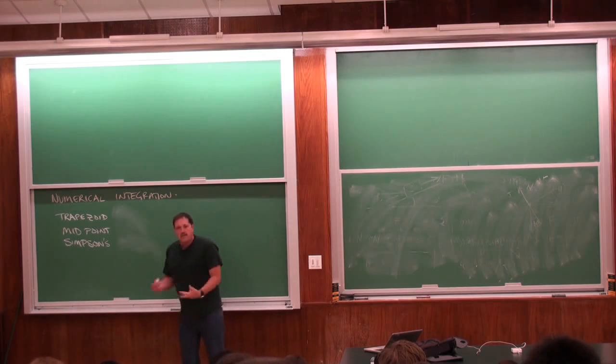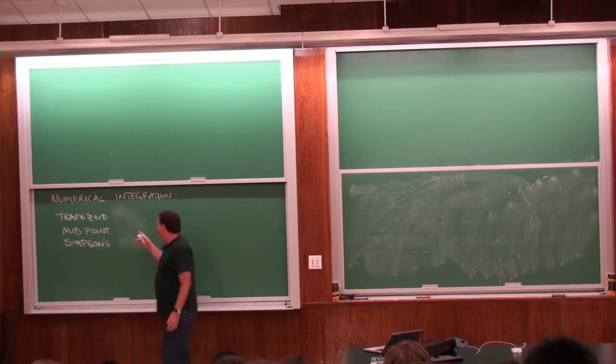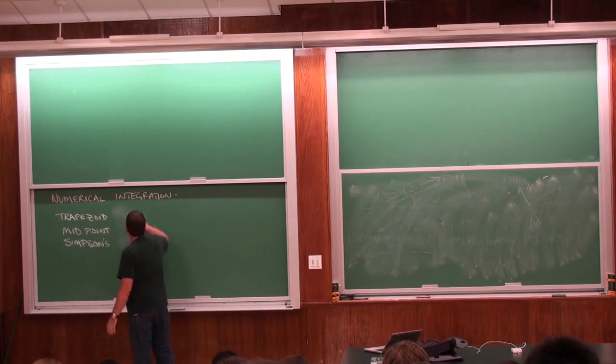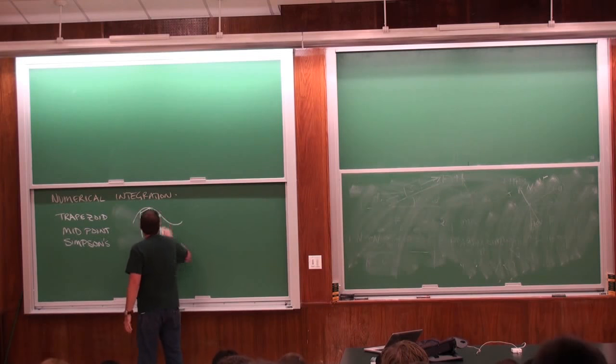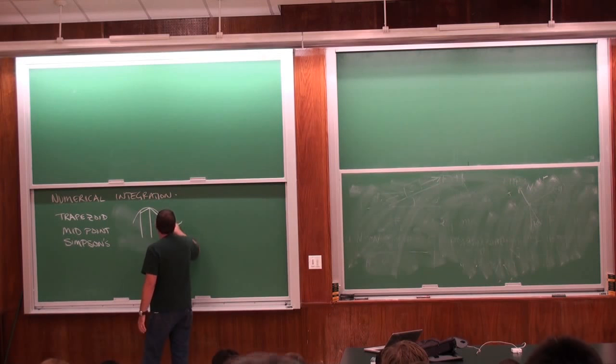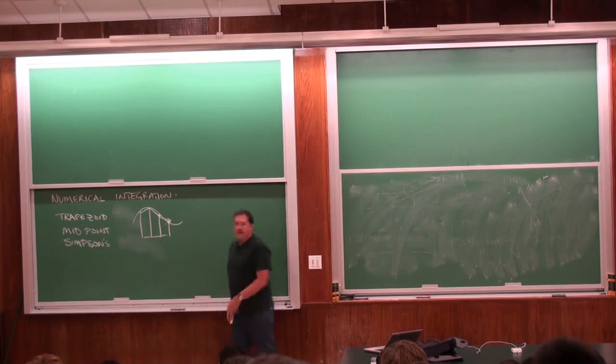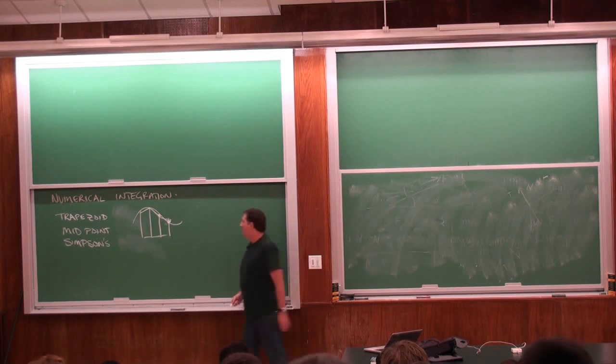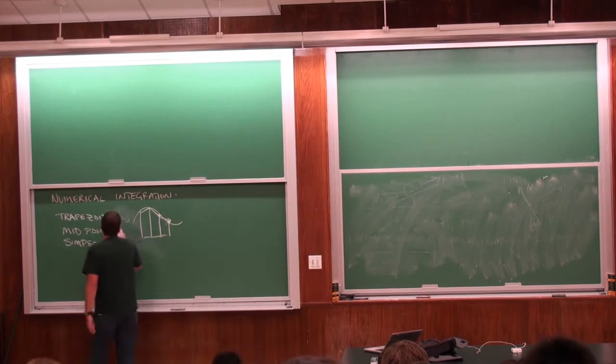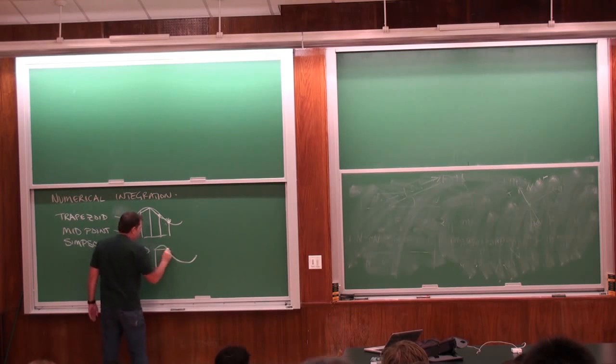And I went through this last time. The trapezoid, you fit things like this. That's supposed to go under. Oh well. You fit trapezoids underneath and you add up their areas. The midpoint, you fit rectangles, they don't go underneath, they go through their middles.